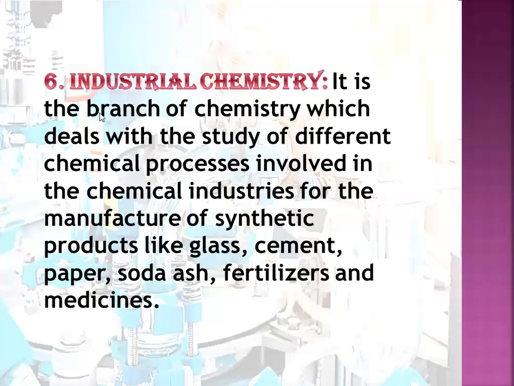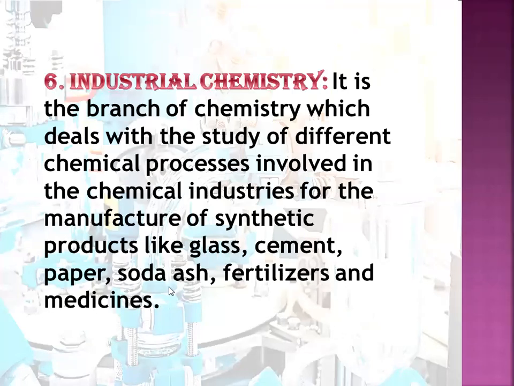Industrial chemistry is the branch of chemistry which deals with the study of different chemical processes involved in the chemical industries for the manufacture of synthetic, meaning man-made, products like glass, cement, paper, soda, fertilizers, medicines.